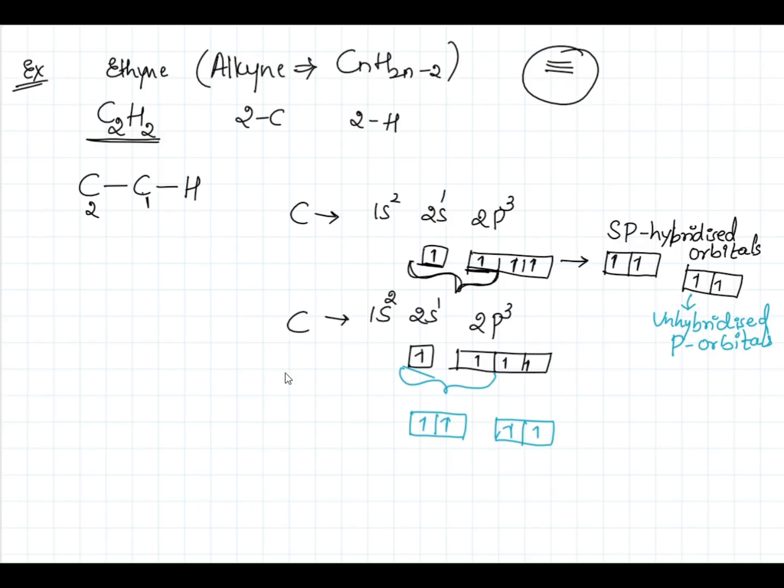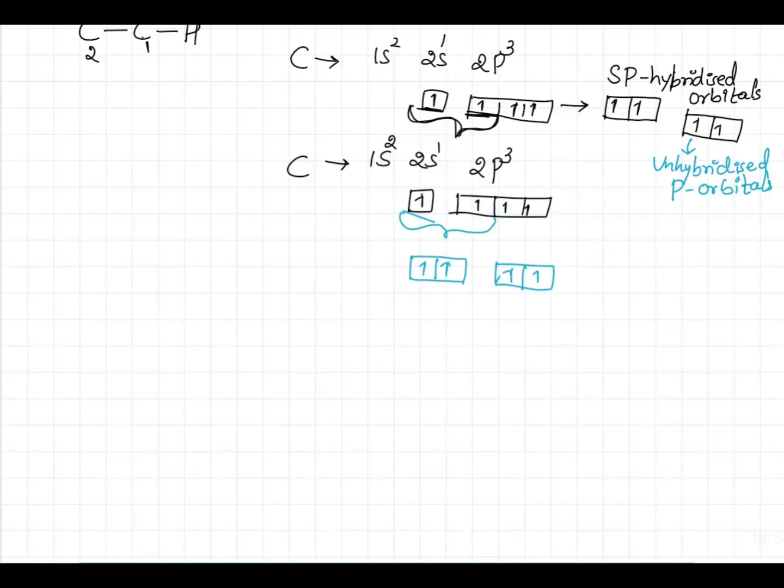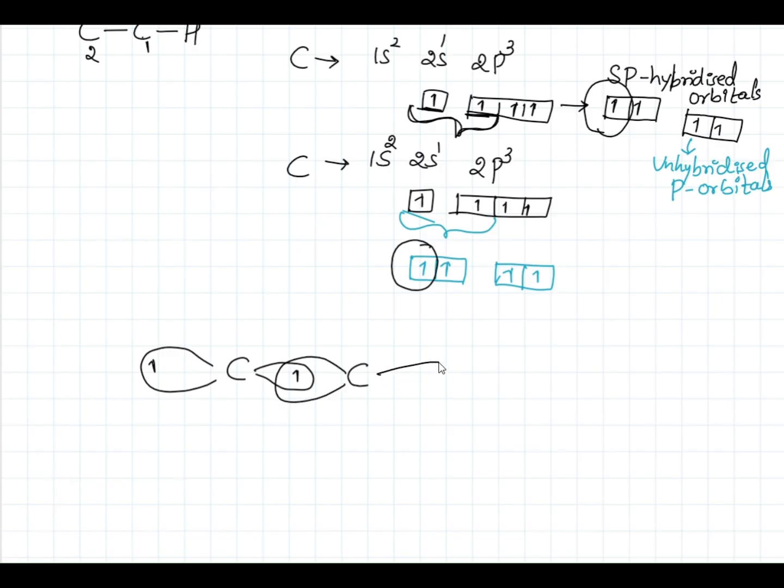Right? Now one sp hybridized orbital of one carbon will overlap with an sp hybridized orbital of the other carbon. So there are two carbon atoms, each having two sp hybridized orbitals, and each carrying one electron.